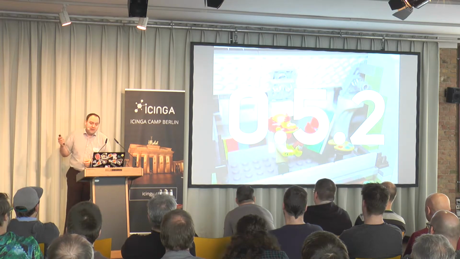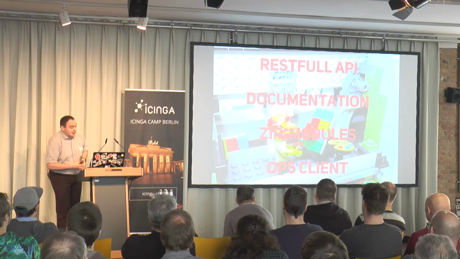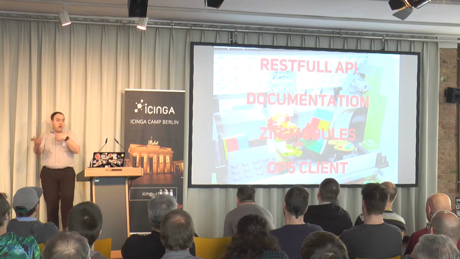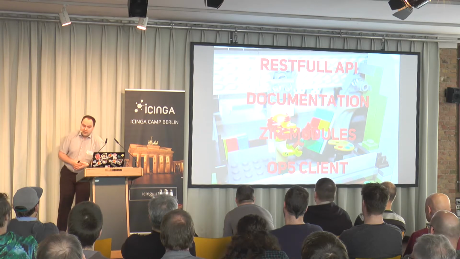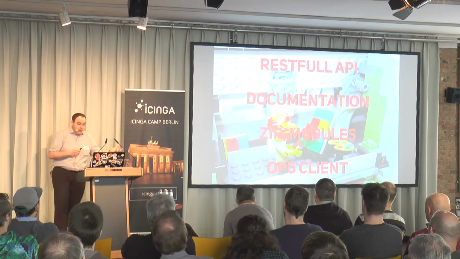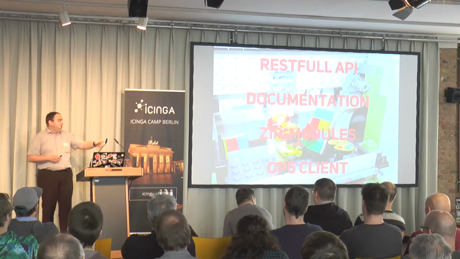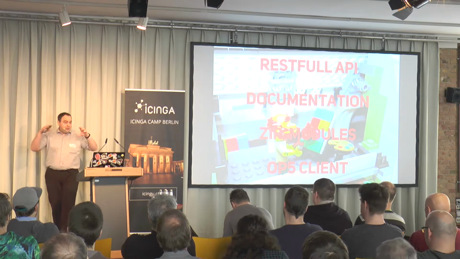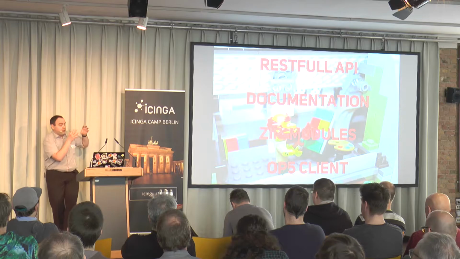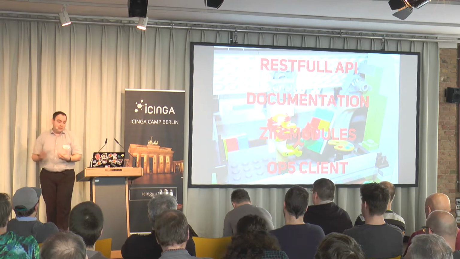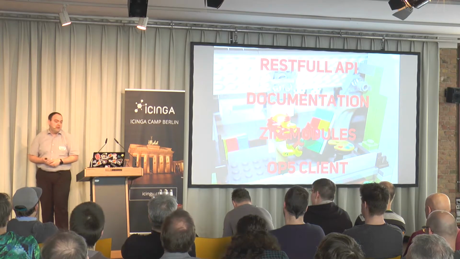And the latest version, which came out a couple of months ago, has a RESTful API, which means you can actually talk to NSClient and do a lot of cool stuff with it. We also got some documentation, as always. We got something called zip modules, which I'll talk about later. And we also got something I think is pretty cool, a native OP5 client, which means that if you're in Sweden and using the OP5 monitoring tool, you can just use that. Otherwise, you'll have to do a lot of configuration.